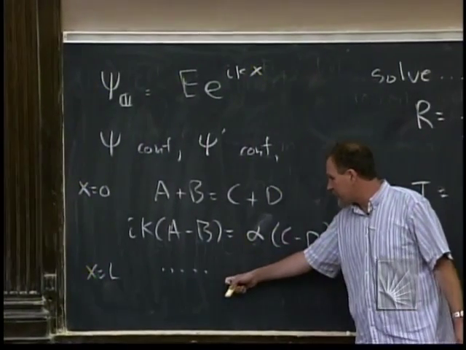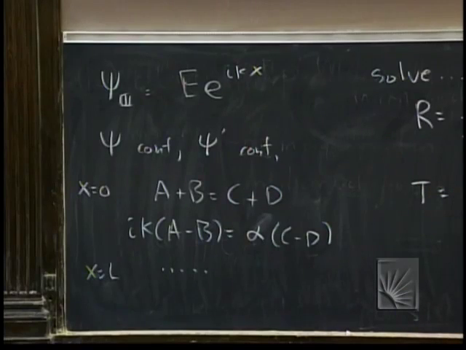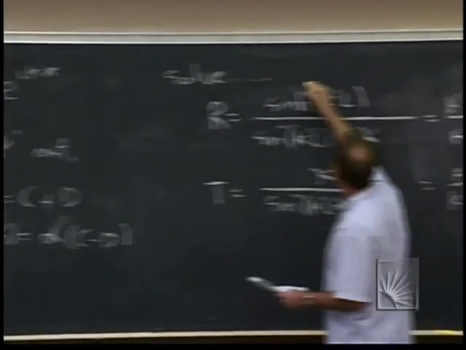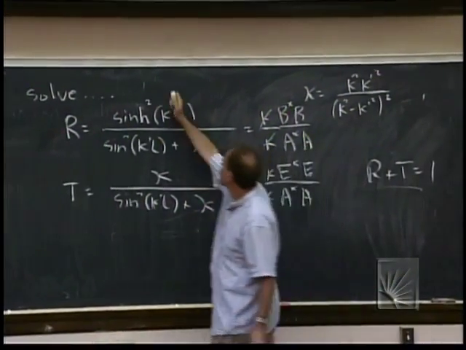The next condition is just like these, except the exponentials go along for the ride. And once again, I won't solve, but I'll write down the answer. This becomes sinh squared, which is the hyperbolic sine.